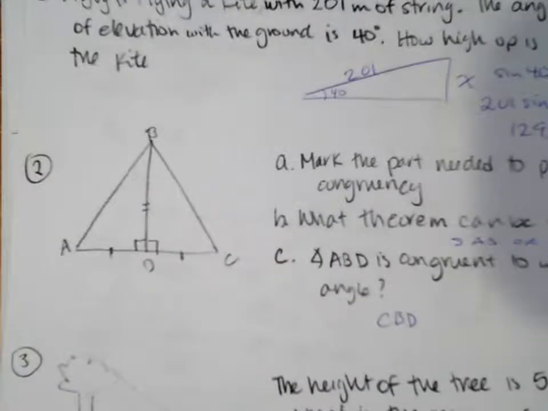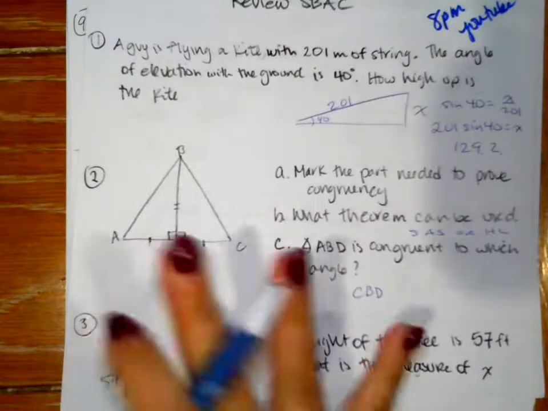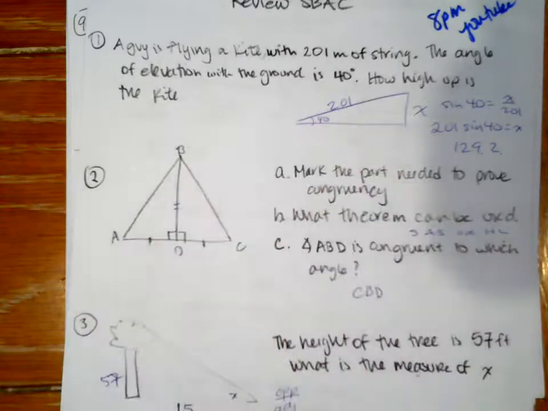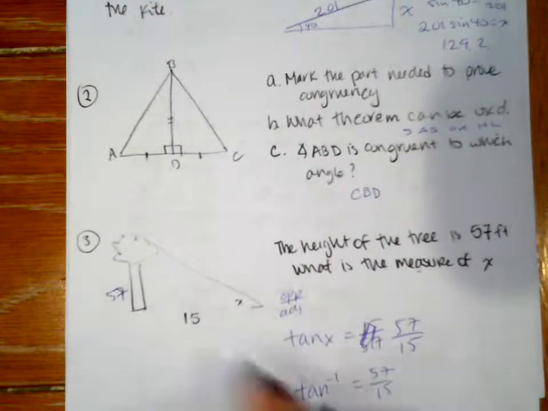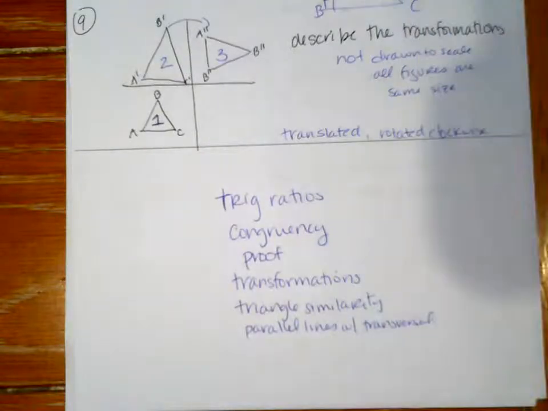I know it's a super short review, but like I said, it's a super short test because you guys have done tons of this right triangle stuff, tons of congruency. And so if you need extra help tomorrow at lunch, I can help you at lunch in 110. So if you guys want tutoring at lunch, I'll be in 110. Here is what is going to be on the test again.